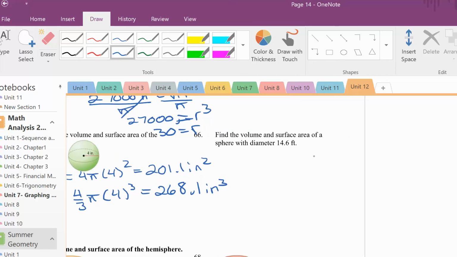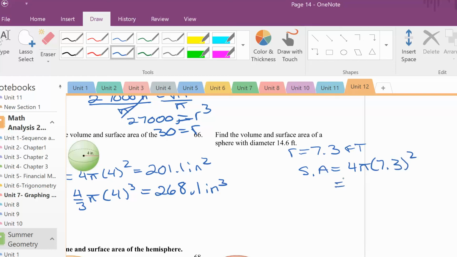So it says find the volume and surface area of a sphere with a diameter of 14.6, which means the radius is 7.3. So the surface area is 4 pi r squared.